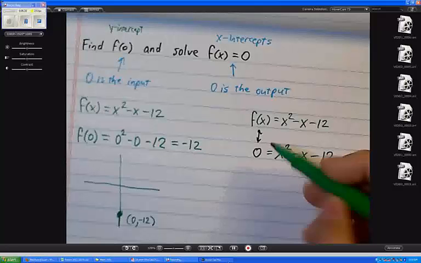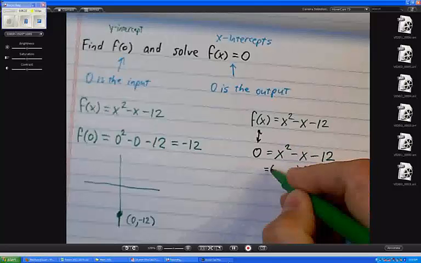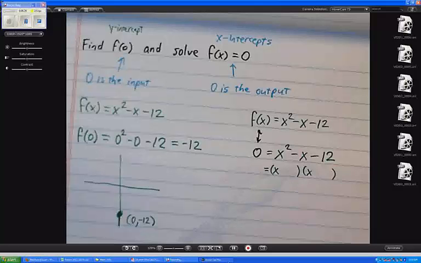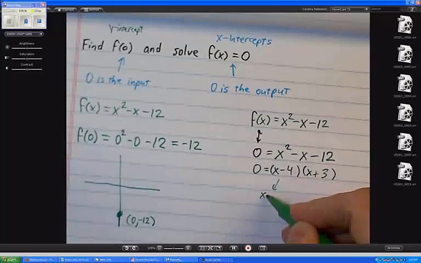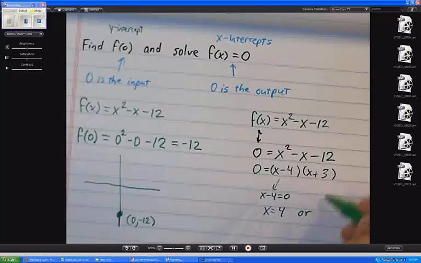How? Well, let's see. It's x times x. What factors of 12 do I want? I guess I want minus 4 and plus 3 to get that minus x. So that works out pretty nice. And so x minus 4 equals 0 would give me x equals 4, or x plus 3 equals 0 would give me x equals negative 3.